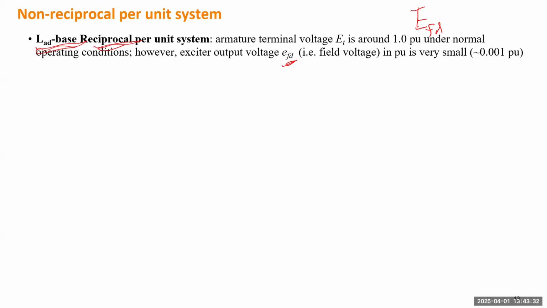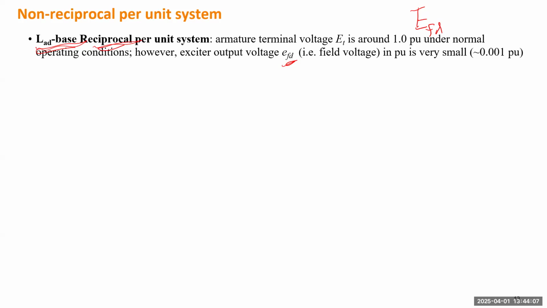So if a variable is not independent, its base value can be determined based on others. But that is not very convenient, especially when you deal with exciter modeling. For example, if you follow this per unit system, the armature terminal voltage Et is basically around 1 under normal conditions.